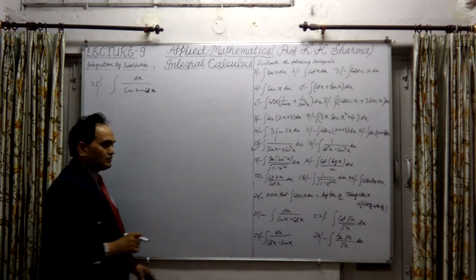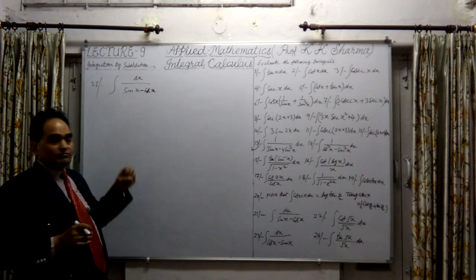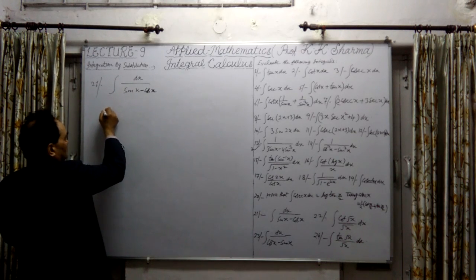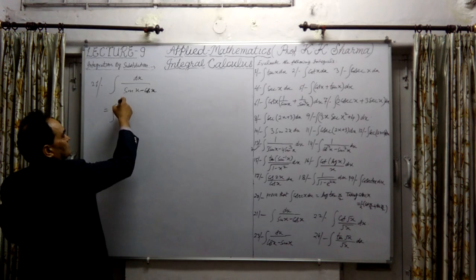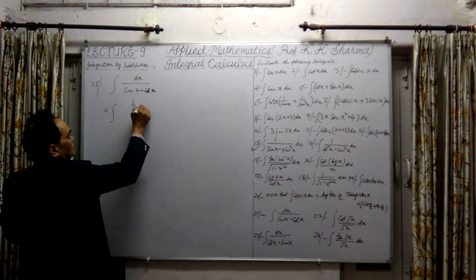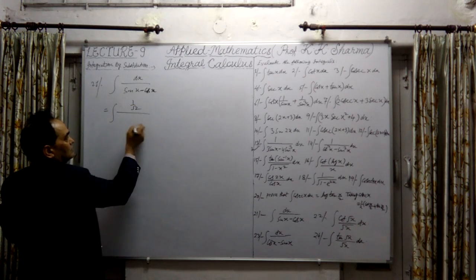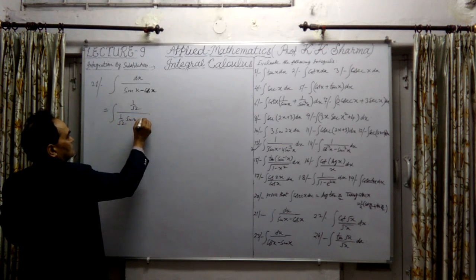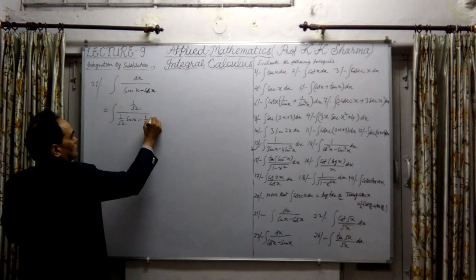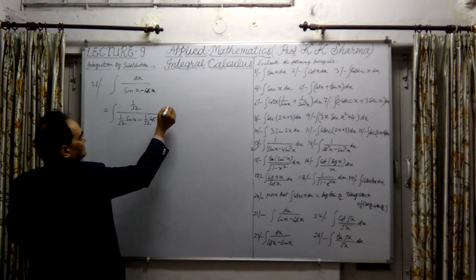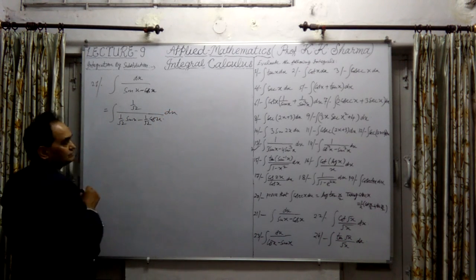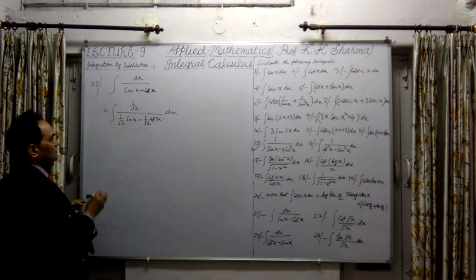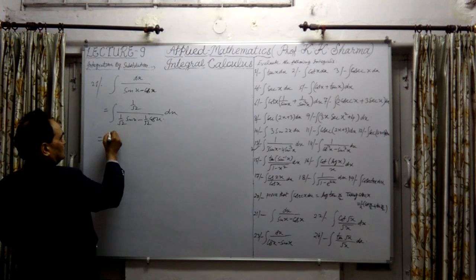Now if I multiply this by 1 upon root 2, in the numerator and in the denominator also, this can be written as dx upon 1 upon root 2 into sin x minus 1 upon root 2 into cos x. No change, because we multiplied the numerator and denominator by 1 upon root 2.